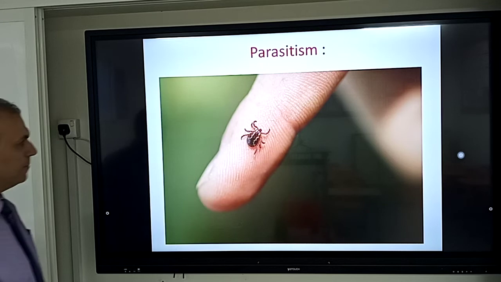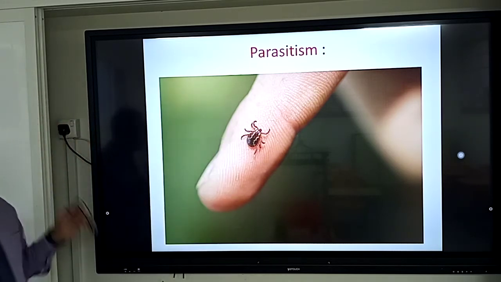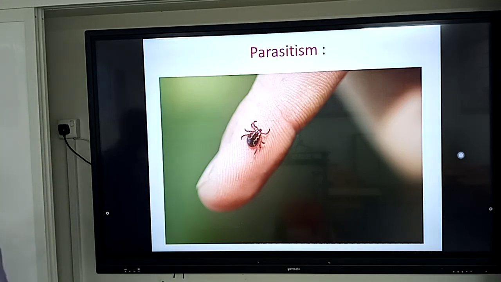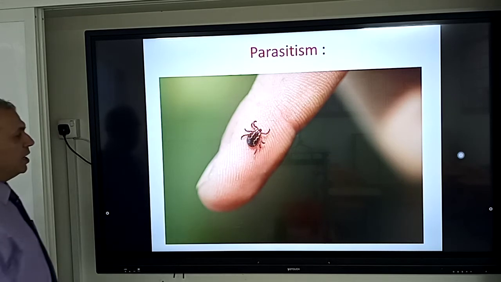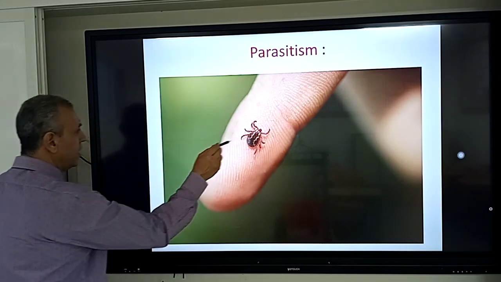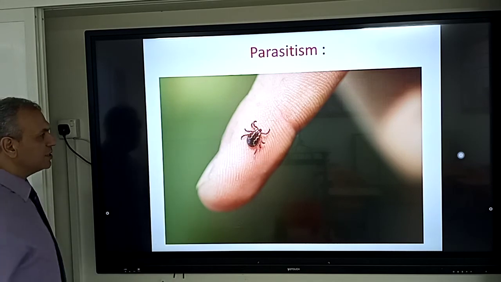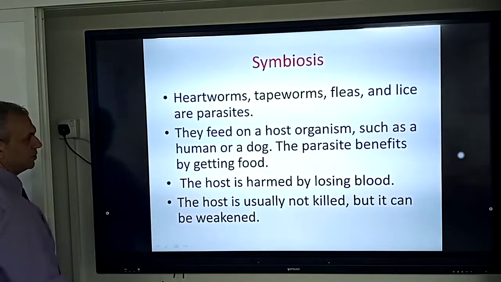Some parasites can live inside the body, or some parasites can live on the surface of the skin. Okay? The organism which is the insect here is called the parasite, and the organism that is harmed is called the host.